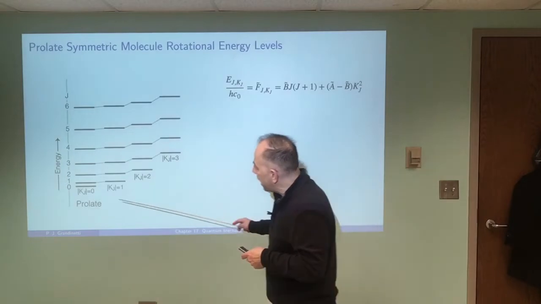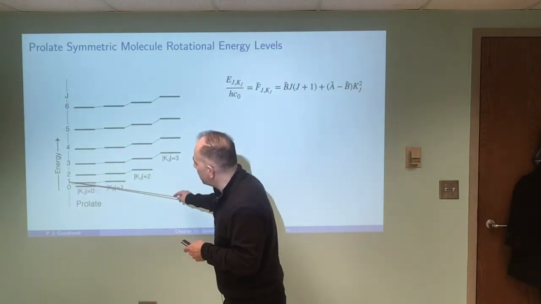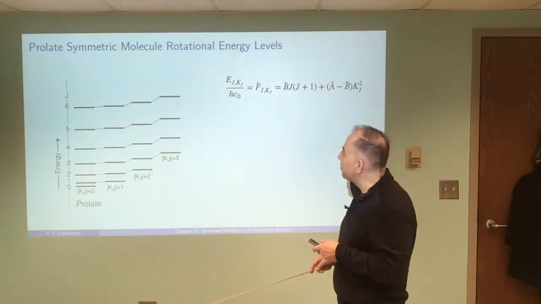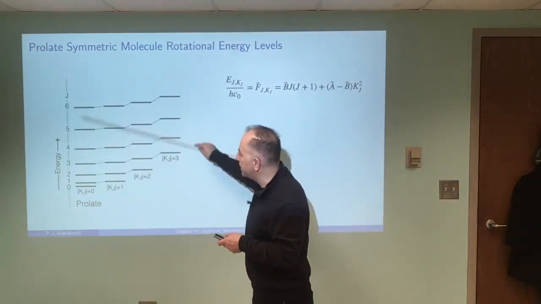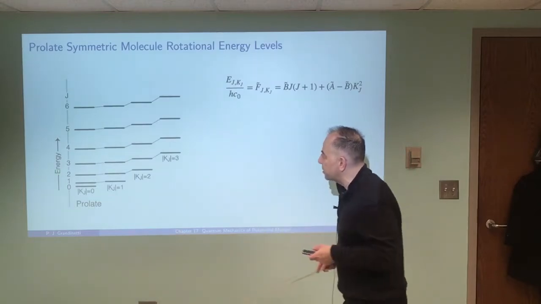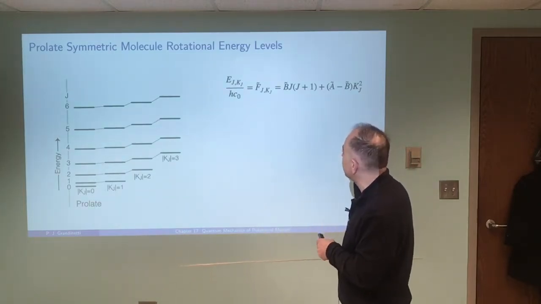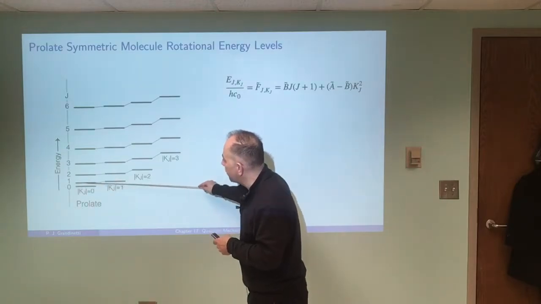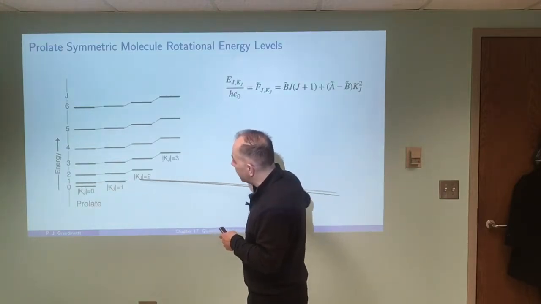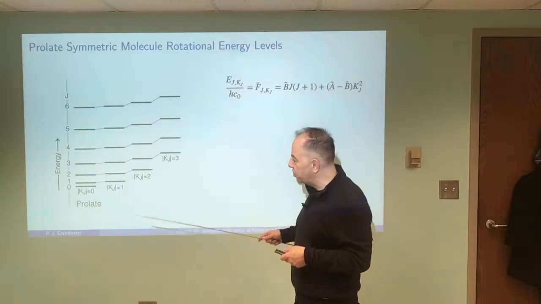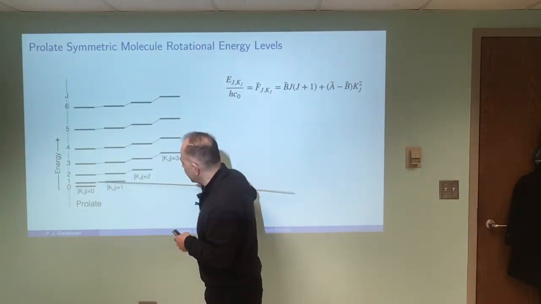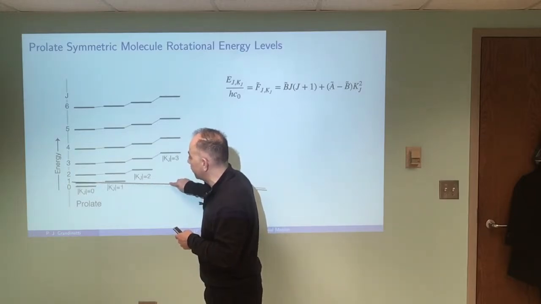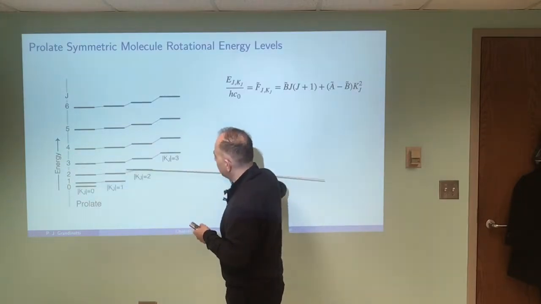So for j equals 0, 1, 2, 3, we see that there is the increase in the energy levels, and the gap between them is increasing as j increases, just like we saw in the spherically symmetric case. But we also see that as Kj increases, there's an increase in the energy with increasing magnitude of Kj. So here we see that Kj of plus or minus 1 is slightly higher than Kj of 0 for j equals 1, and so on here.